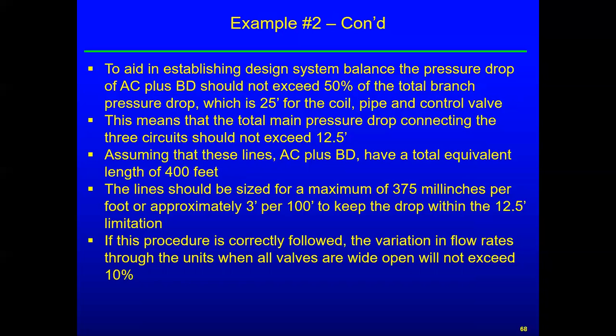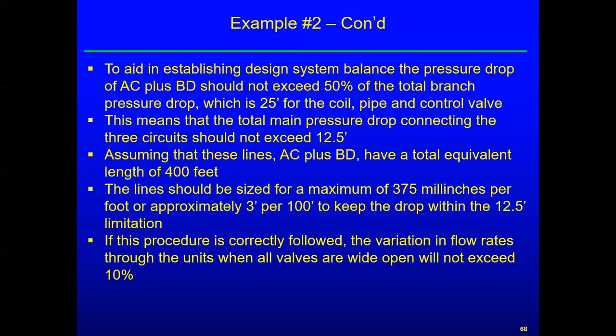So for that first zone that we just did, if I take 50% of that, I get 12 and a half. So that means that the total main pressure drop connecting the three circuits should not exceed 12 and a half feet. Okay, so that's AC plus BD.